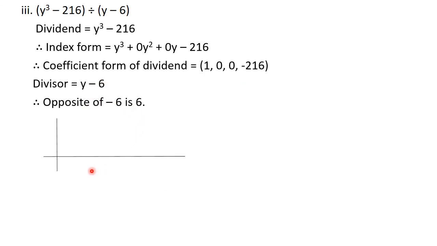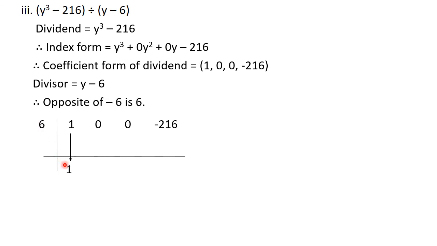Then draw the table like this. Then write down the first row here on the right hand side, that means all the coefficients. As I have said, draw them well separated. Don't write close to each other so that we can write the numbers properly one below another. Then the opposite number plus 6 that we are going to write here on the left hand side. Take this one down as it is.